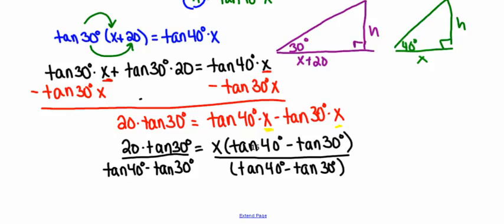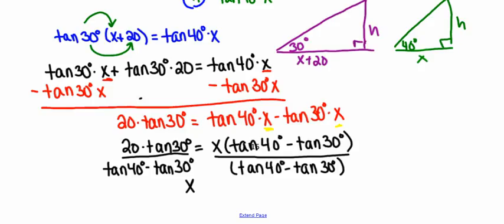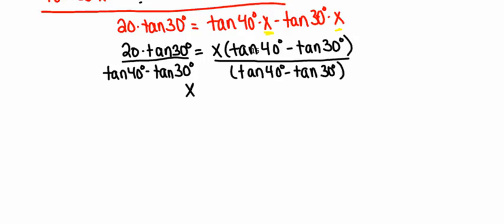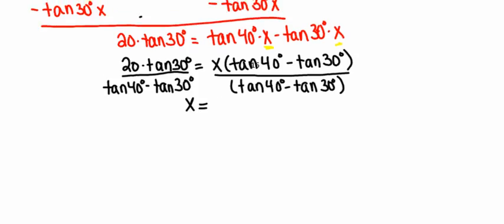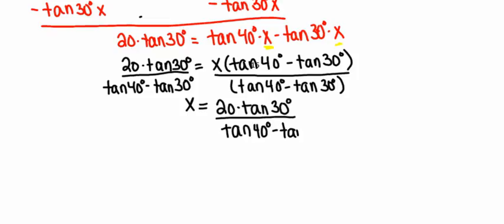So on the right side of my equation now I have x all by itself, which is exactly what I wanted to have. And on the left side of my equation, I have 20 times the tangent of 30 degrees in the numerator of my fraction. And in the denominator of my fraction, I have tangent of 40 degrees, subtract tangent of 30 degrees.